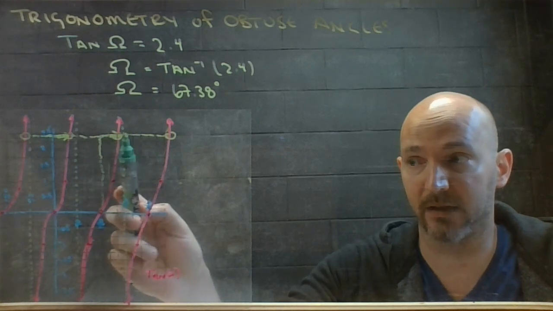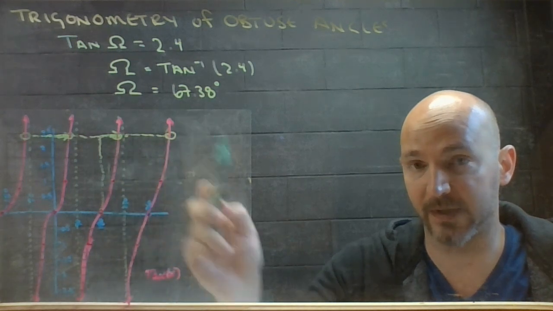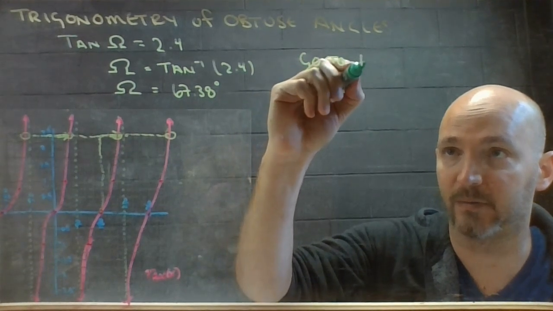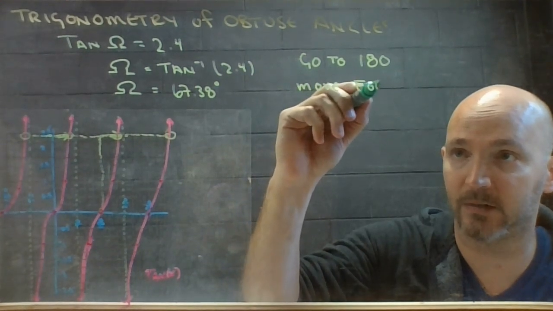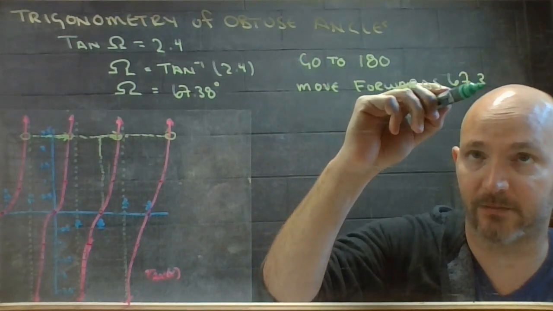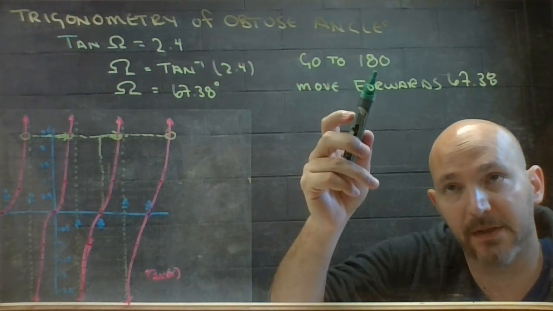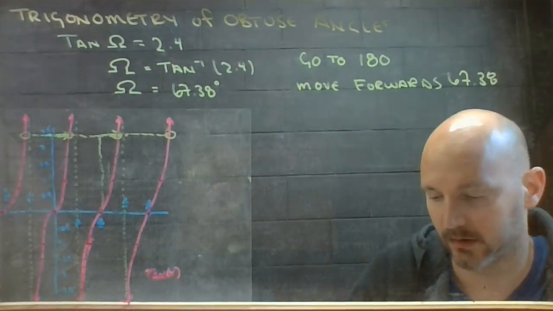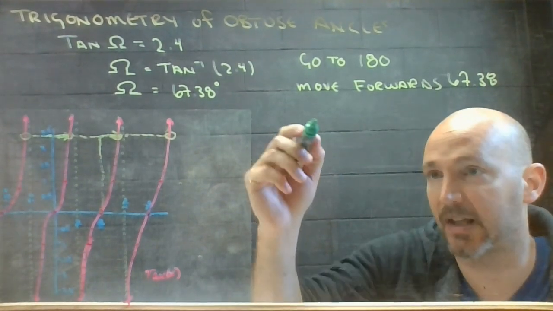So to get to here, I had to travel all the way out to 180 and move forwards another 67.38 degrees. So I had to go to 180 and then move forwards 67.38. Okay, so 180 plus 67.38 gives me 247.38.